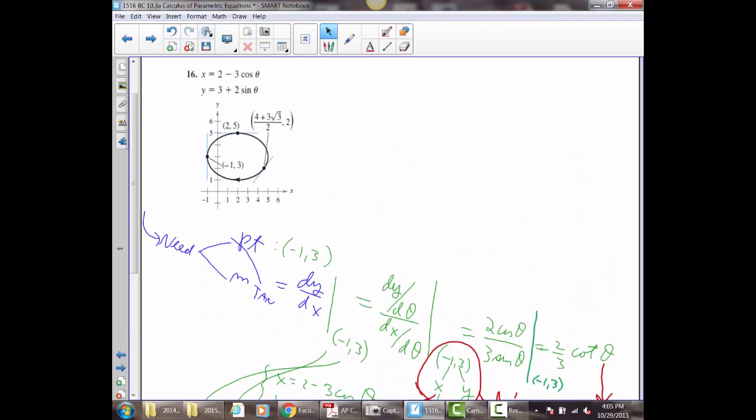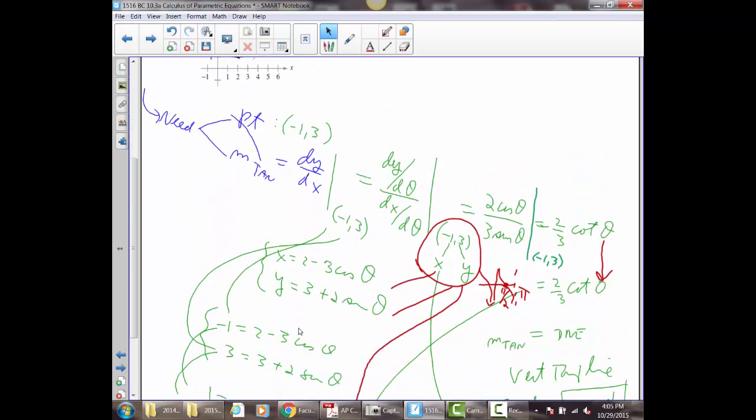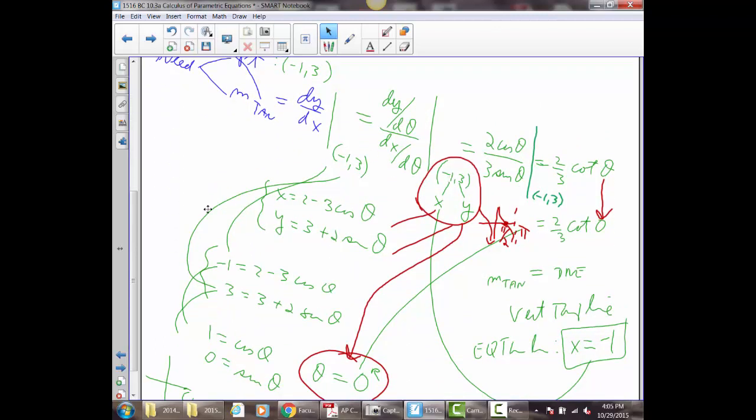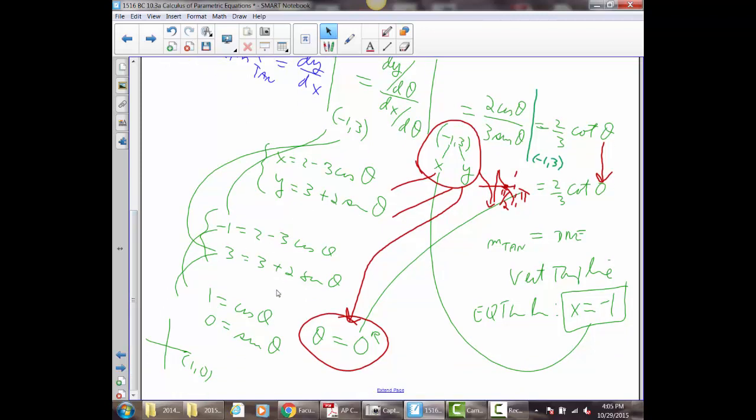So you go back to your equations and replace the x by -1, replace the y by 3, and then solve the system. So this one over here ends up being -3 equals -3 cos theta, which means cos theta is 1.